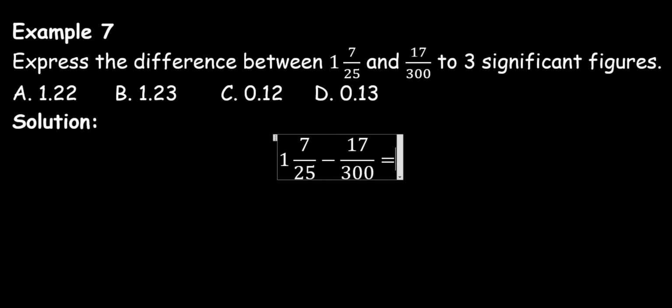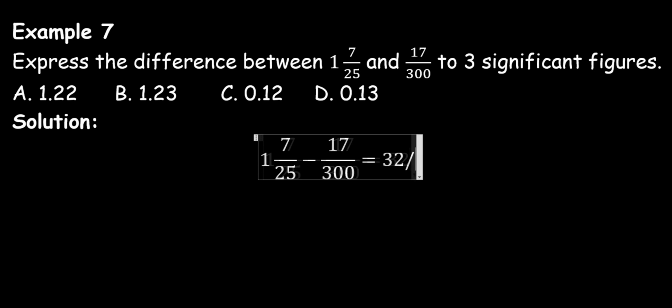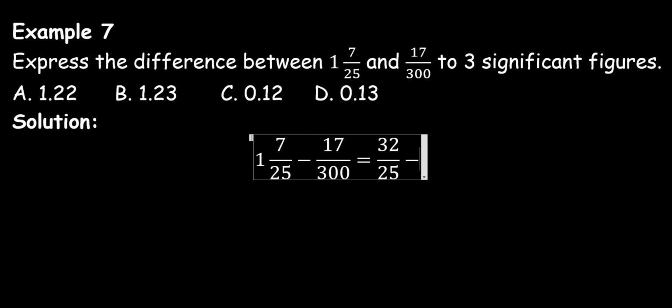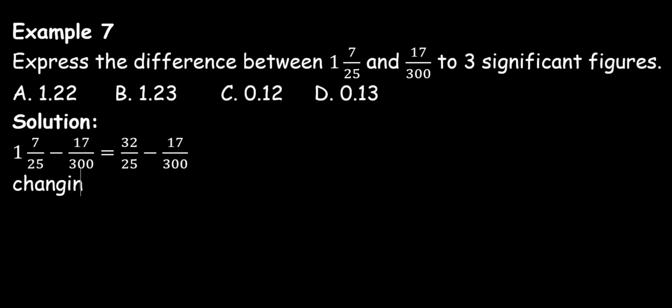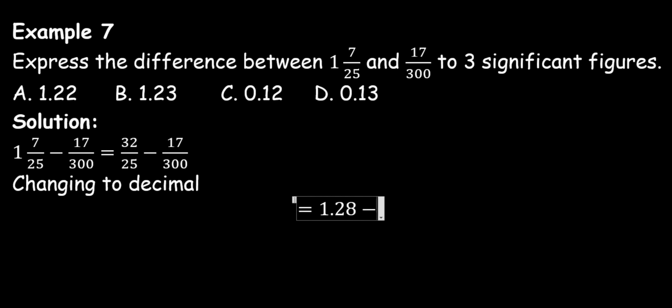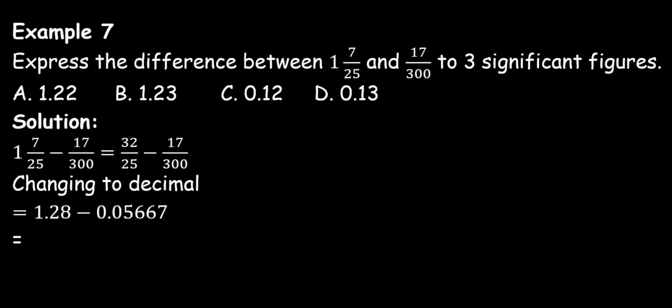First of all, we change our mixed fraction into an improper fraction. That will give us 32 over 25 minus 17 over 300. Changing from fractions to decimals, because our options are given in decimal numbers, 32 over 25 gives us 1.28, and 17 over 300 gives us 0.05667.